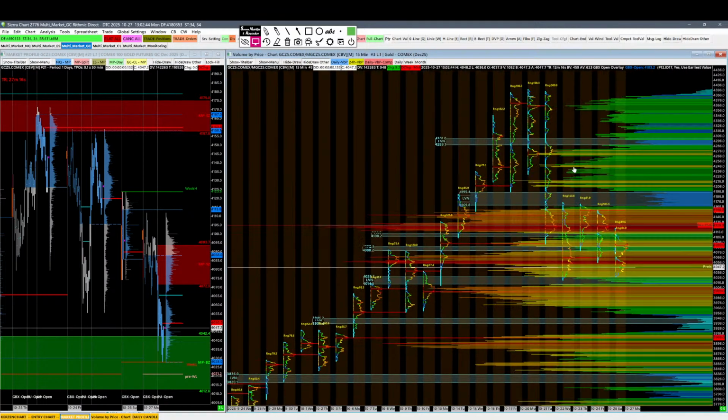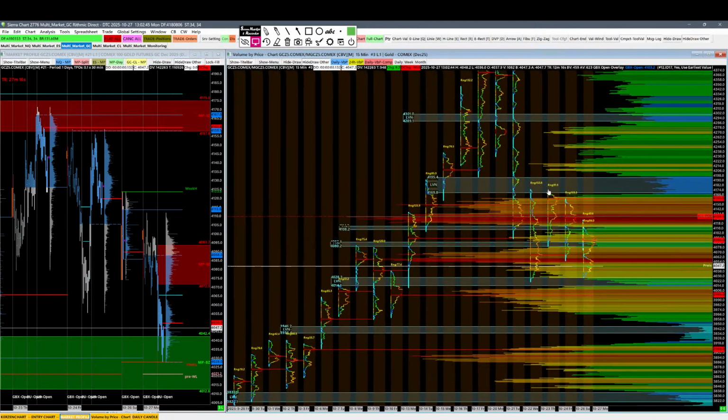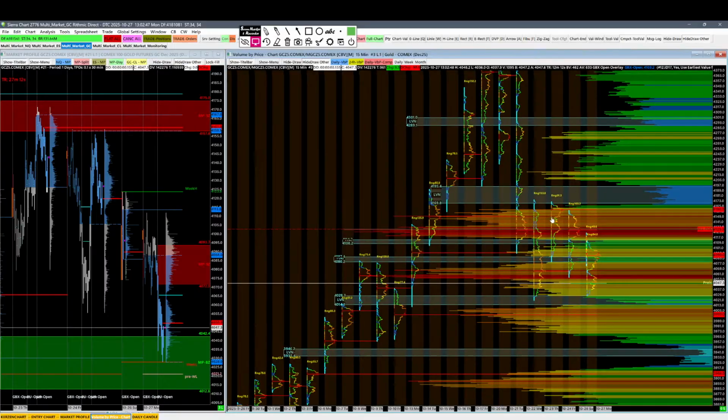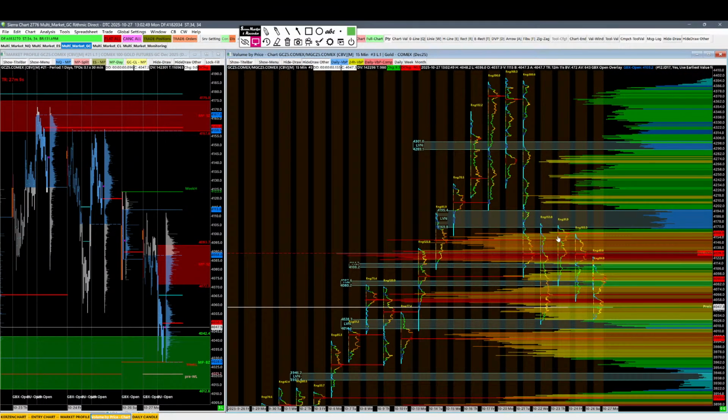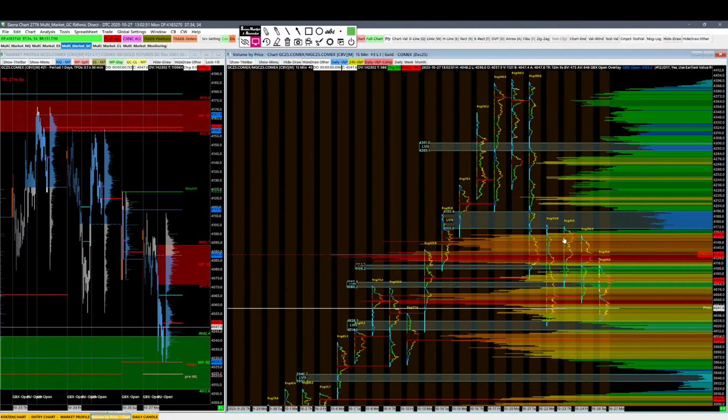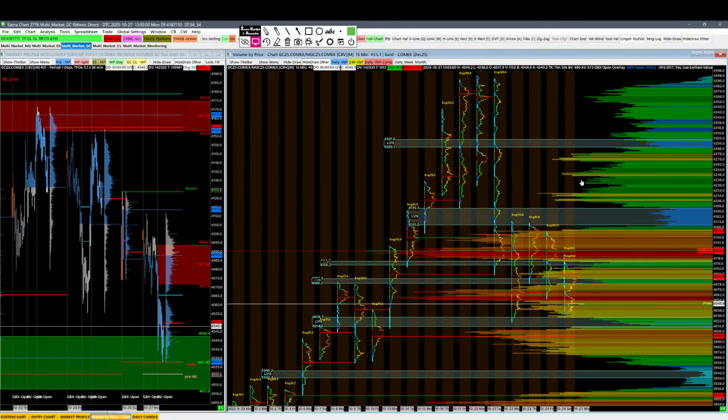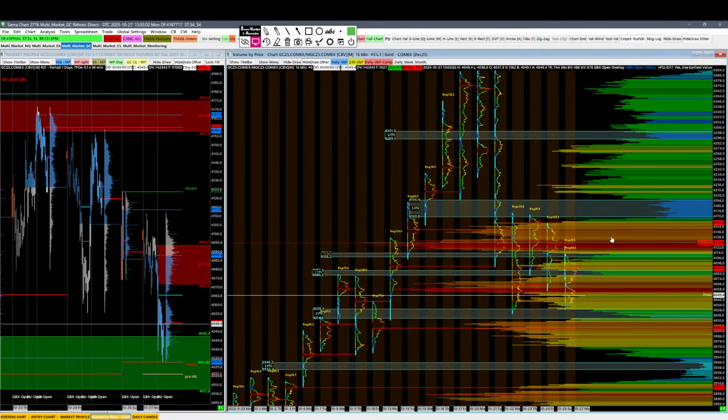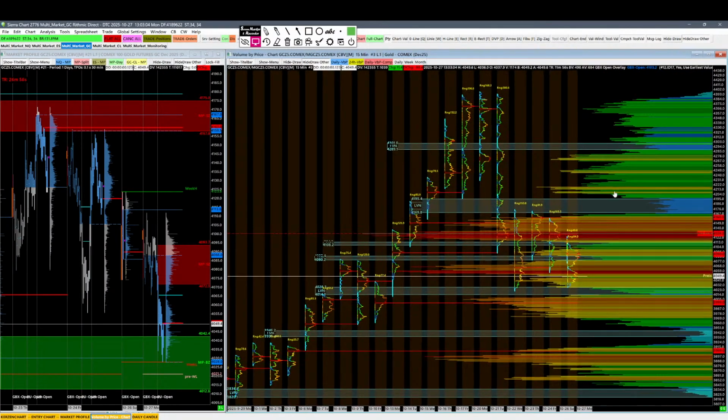Looking at gold, I see some areas where we were seeing a reaction during the recent days, which is 41.72 to 41.96, which is a low volume area in this whole distribution that we've been trading through.